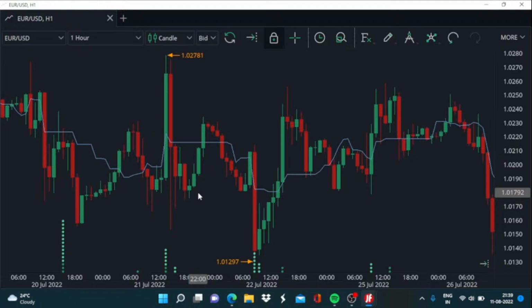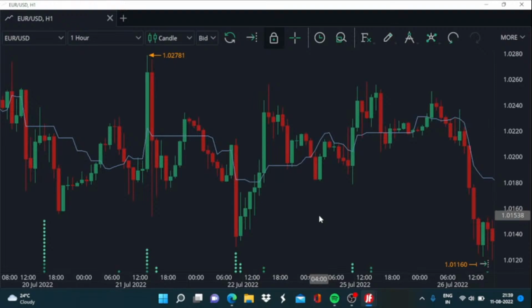So we can utilize this indicator to look for the sideways market also. And if we see that the mid price is moving sideways over a given time period, then we can try to play the range. We can keep looking to go long closer to the bottom levels, and we can look to go short closer to the high of the range.